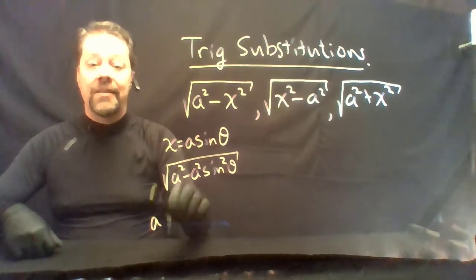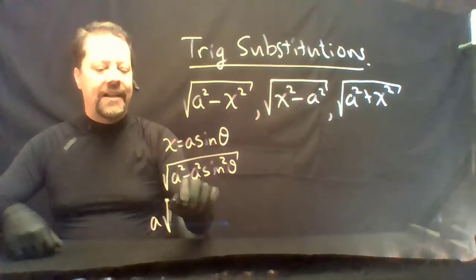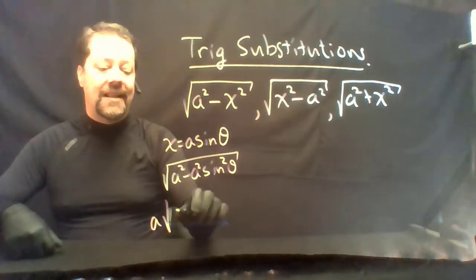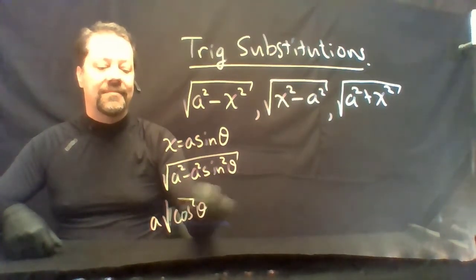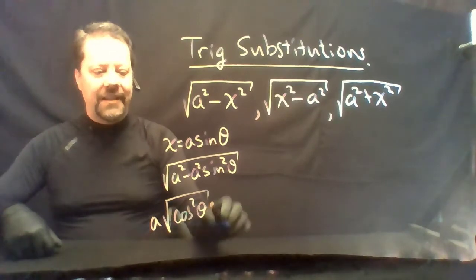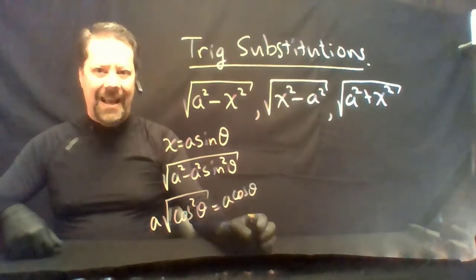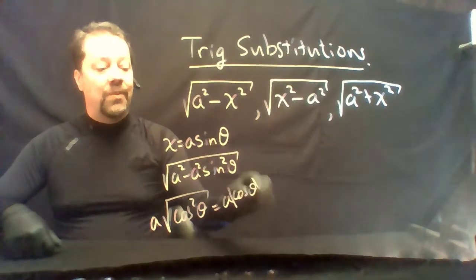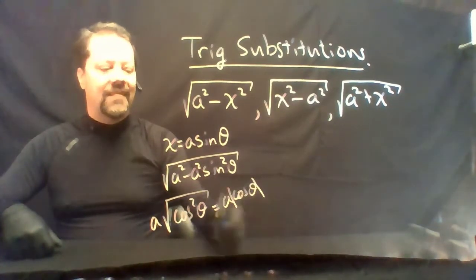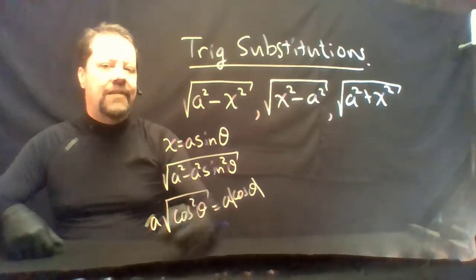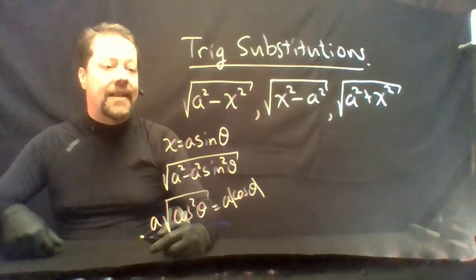Let's ignore that for now. Square root of a squared times the square root of 1 minus sine squared theta. That's cosine squared theta. And let's forget the absolute value here as well for now. Sometimes you do have to worry about this absolute value. But a times the cosine of theta. That allows you to get rid of the square root. That's a big advantage.